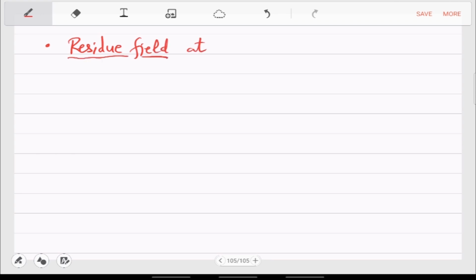So the residue field at P will be called K_P. It's the quotient of these functions modulo the functions which are vanishing. We have seen that this is a field, but in the algebraically closed case, this was itself small k, because from an algebraically closed field, there is nowhere else to go.